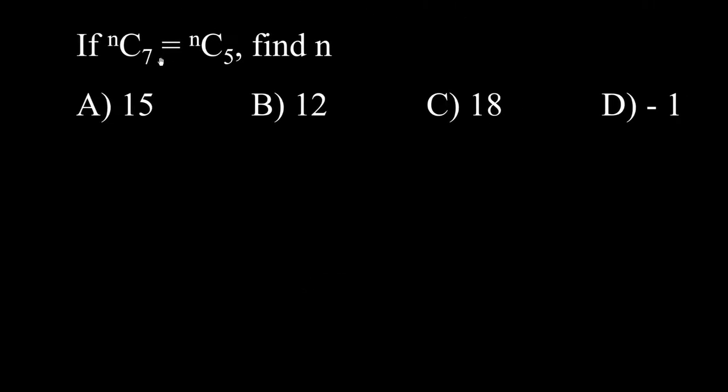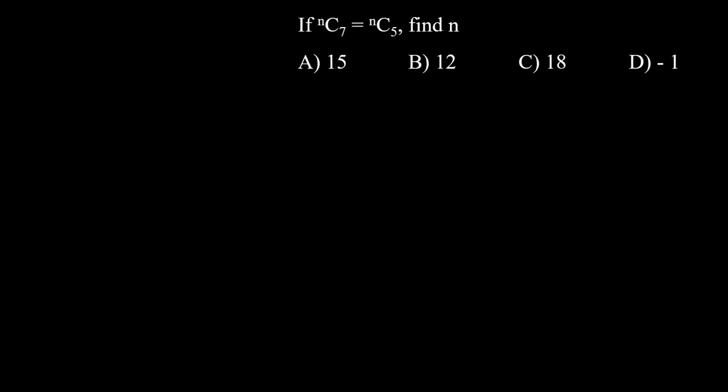selecting 7 people is equal to rejecting 5 people, then total should be what? 12. Total must be 12. Selecting 7 people is equal to rejecting 5 people, means total should be equal to 12. Out of 12 I am selecting 7, rejecting the remaining people, so n should be equal to 12. I am not discussing the formula method.